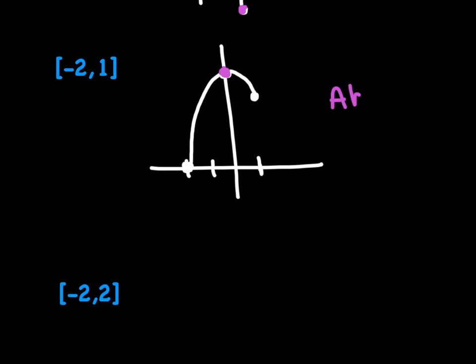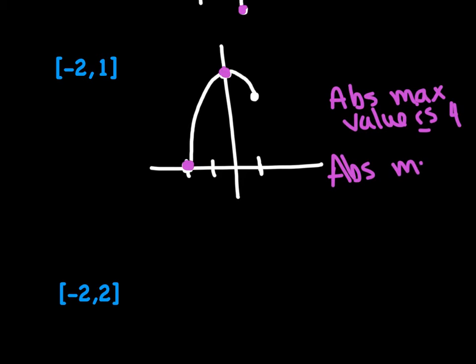So our absolute max value is 4. Again, if I use the word is, I'm usually thinking y-coordinate. And in this case, the absolute minimum value is going to be 0. It occurs at -2, but the value is 0. So the absolute minimum value is 0.